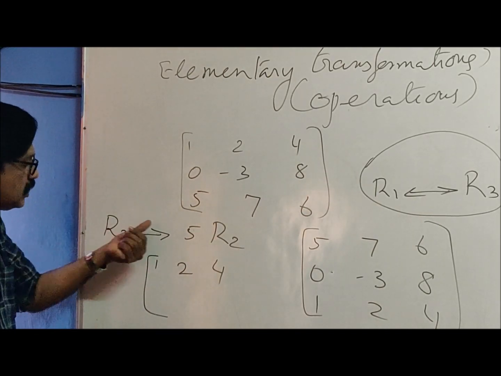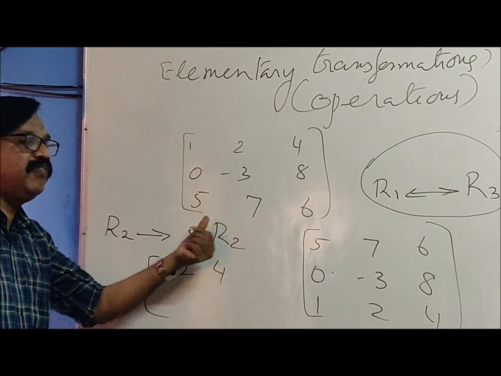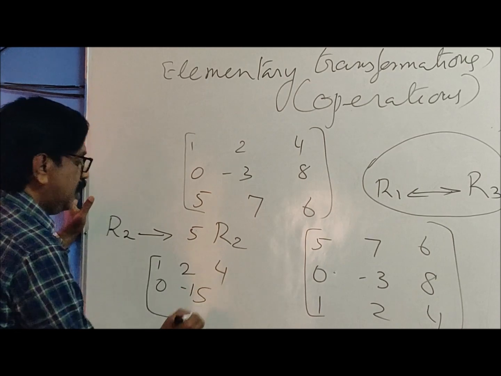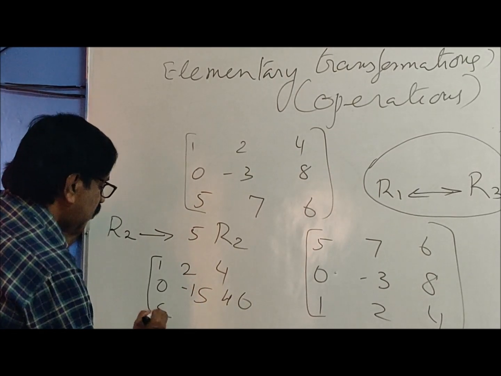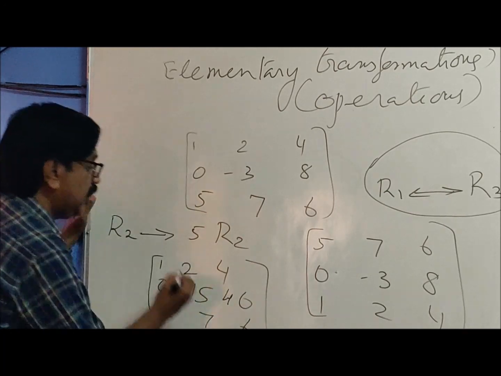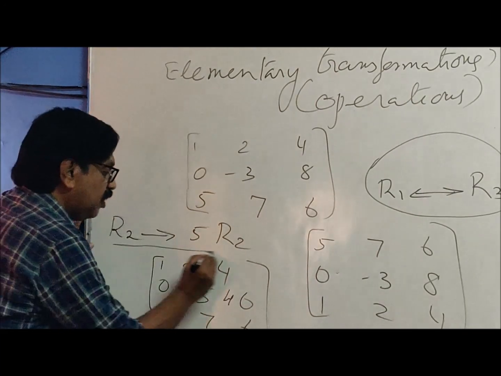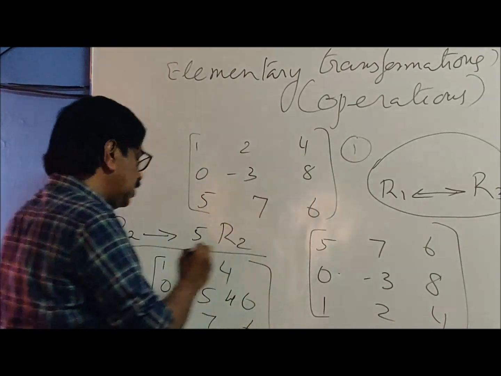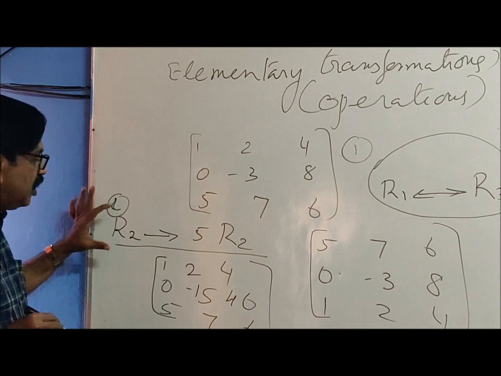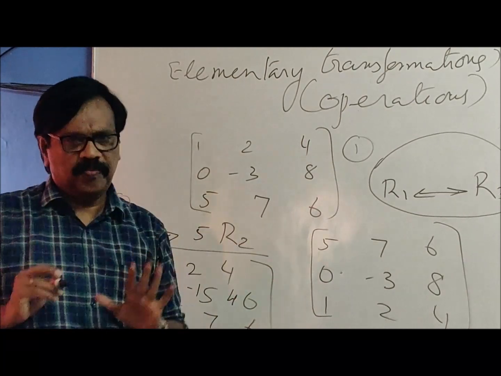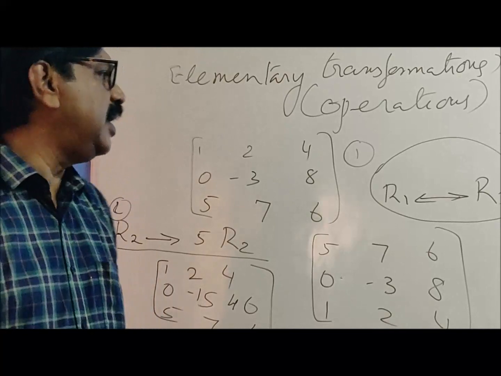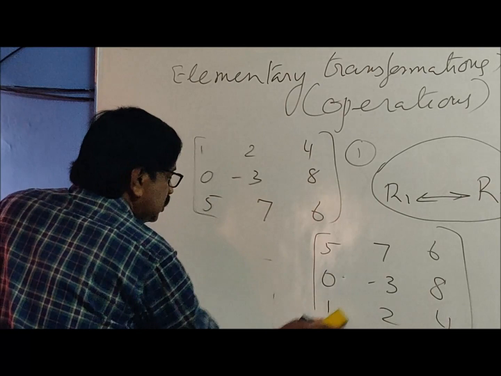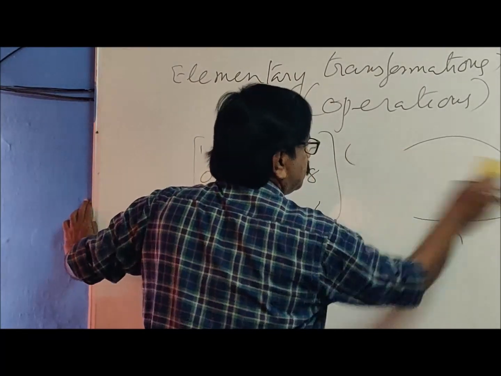The second row is multiplied by 5: 5 into 0 is 0, minus 15, then 40. Then 5, 7, 6. This is the second operation, multiplying a row by a scalar.